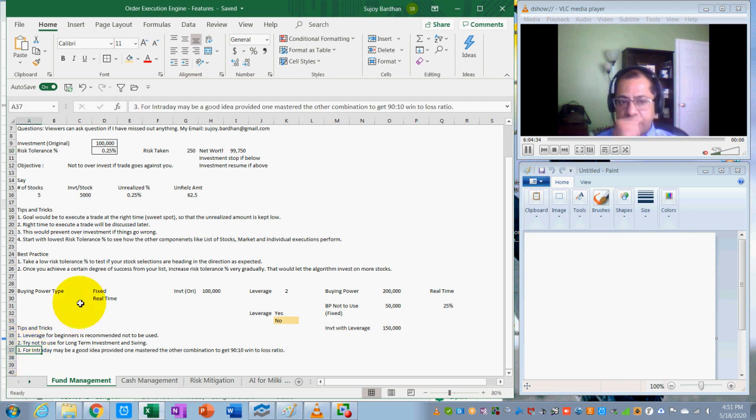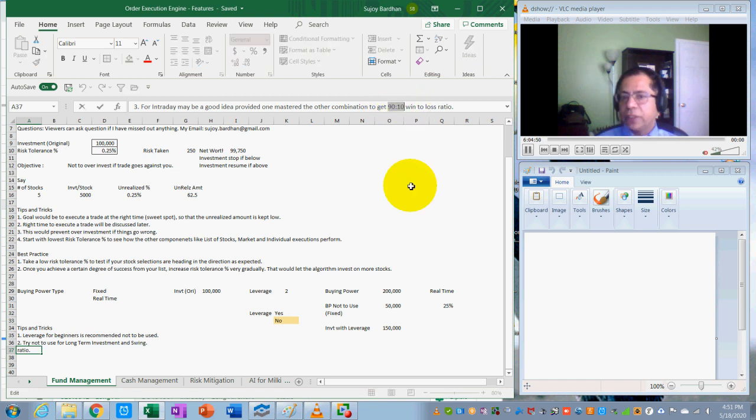Number 3 is, yes, for intraday, you may want to use leverage, but make sure that you have this ratio. If you get to 9 is to 10, meaning out of every 10 trades, 9 trades are in your favor, in the direction in which you wanted it to go, and you got your profits.